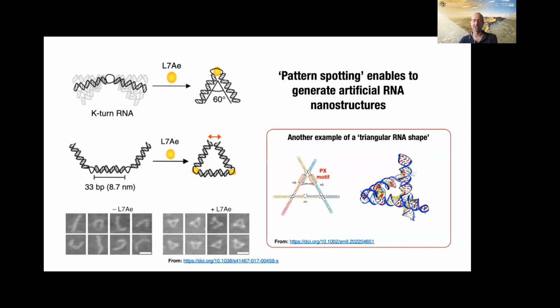And I'm showing another example here of a triangular one, also a movie that's not playing. But this one has a structure that's actually been solved. And here they use a different kind of motif called the PX motif, which allows you basically to go from one region to another with the same strand and vice versa.